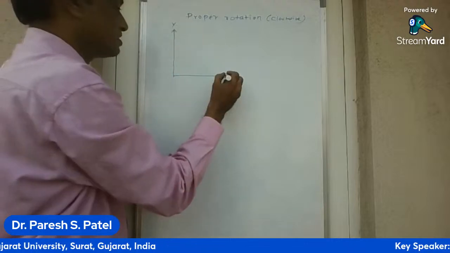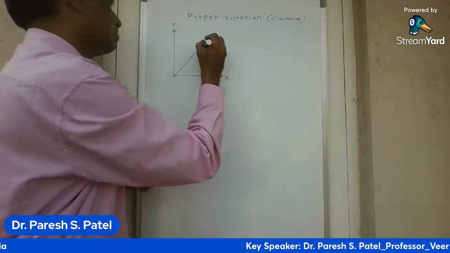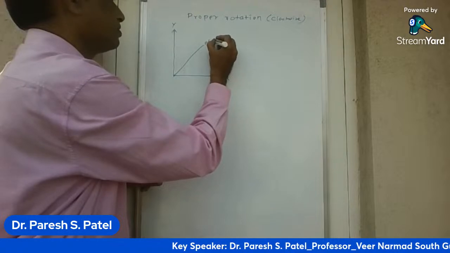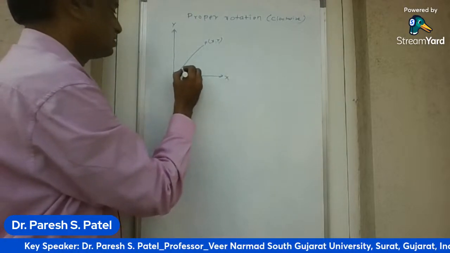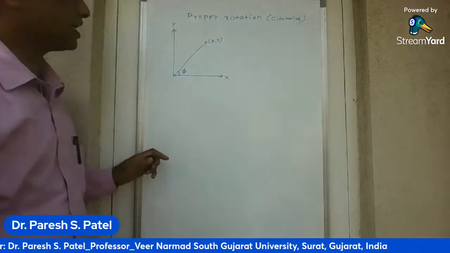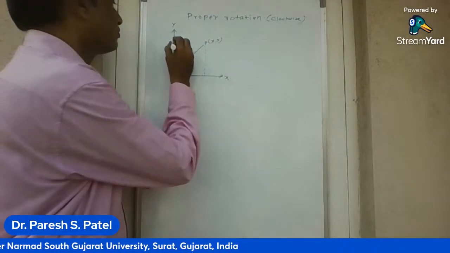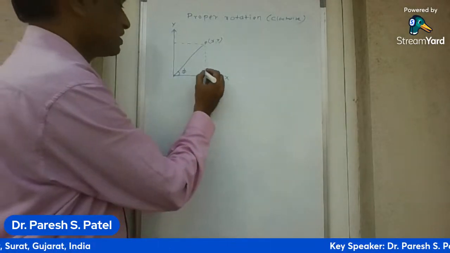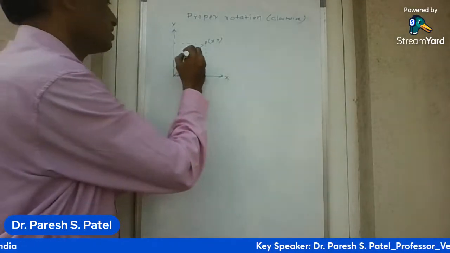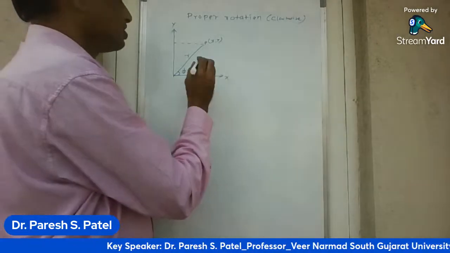This is the y-axis, this is the x-axis. Now this is the vector p with the coordinates x and y, and the angle along the x-axis is phi. This is a right angle. The length of the vector p is r.